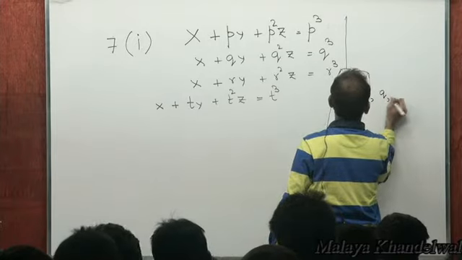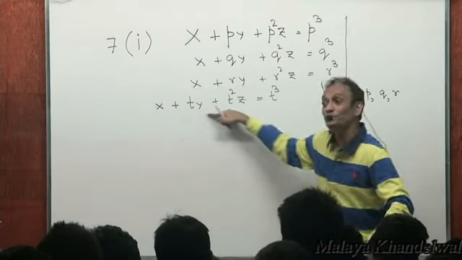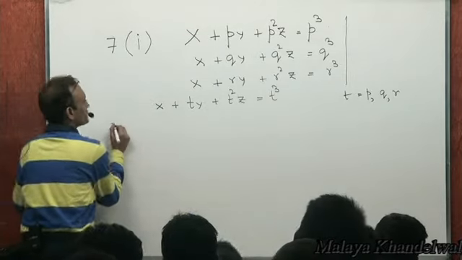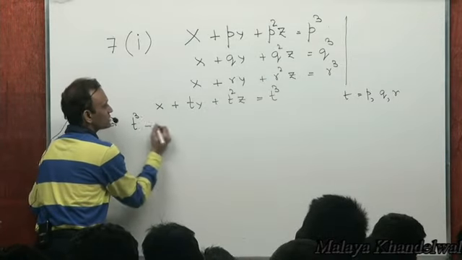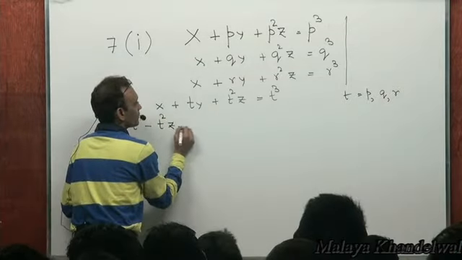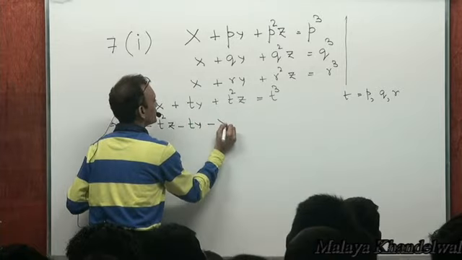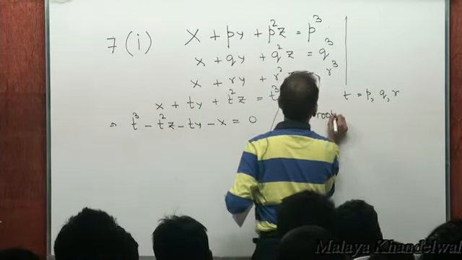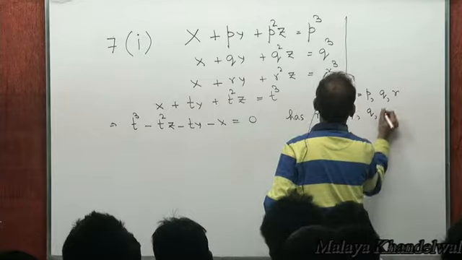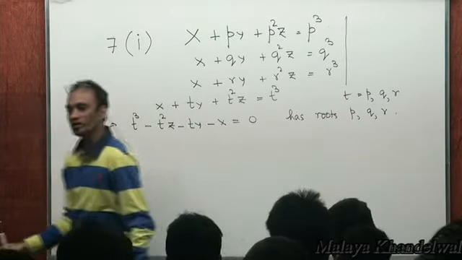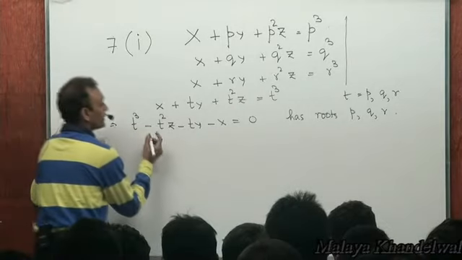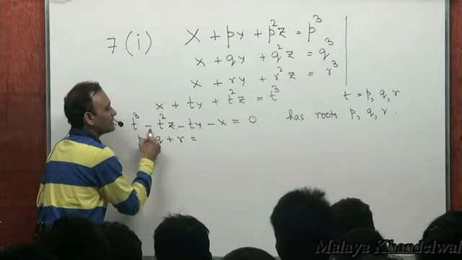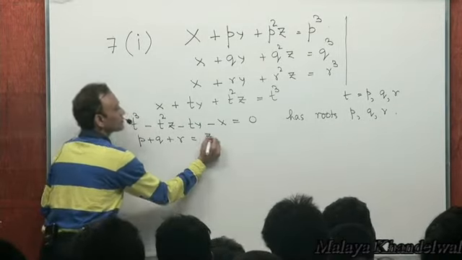That means, what are the roots of this equation? p, q and r are the roots of this equation, right? That means t cubed minus t squared z minus ty minus x equal to 0 has roots p, q, r. Now, very clearly, the sum of the roots p plus q plus r is minus of minus z by 1. That means z.